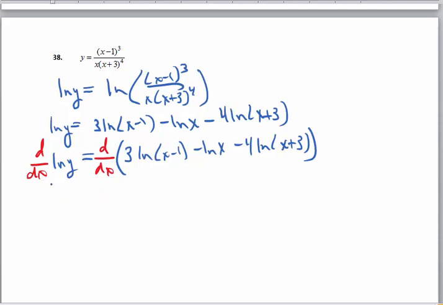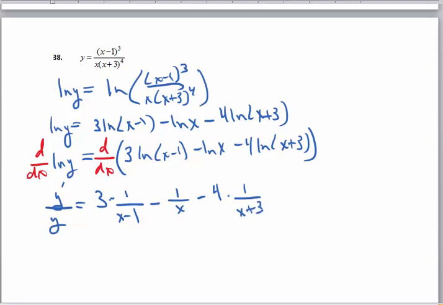The derivative with respect to x of the ln of y was y prime over y, if you recall, because the derivative of the ln of u is u prime over u, but here u equals y. So it becomes y prime over y. And now I take the derivative of each individual term here. The derivative of 3 ln of x minus 1 is just going to be 3 times 1 over x minus 1. The derivative of the ln of x is just 1 over x. And the derivative of ln of x plus 3 is just 1 over x plus 3.